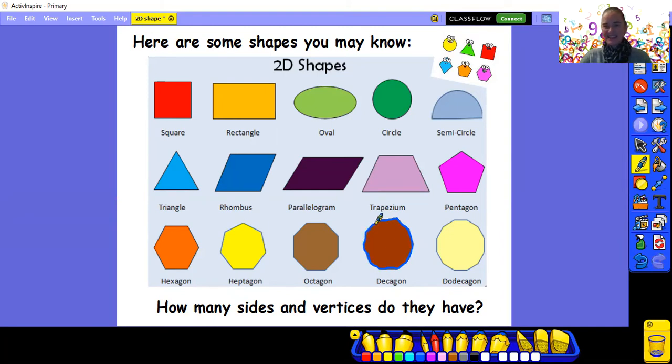It has 10 sides and 10 vertices. And the word decade, in a decade, there are 10 years. So there's a bit of a clue in the name there, wasn't there? Well done, fantastic. So lots of different 2D shapes that we can name and describe.